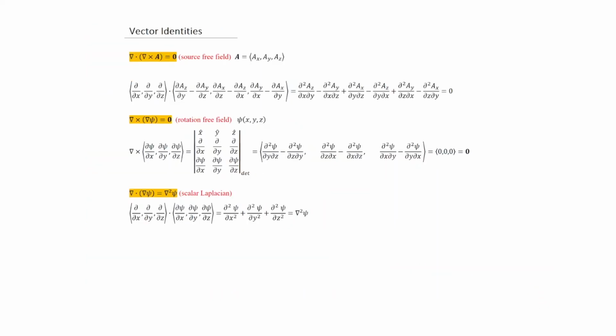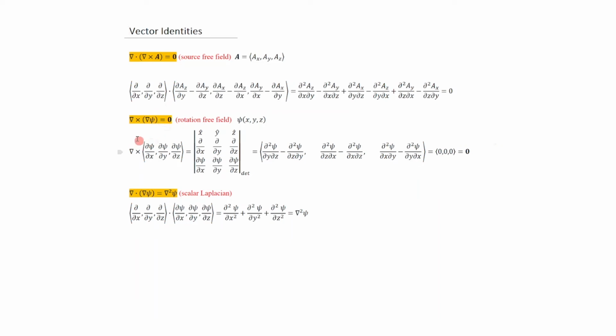All right, then we looked at a number of vector identities, and the two most important ones were the definition of a source-free field and the definition of a rotation-free field. So if we take the divergence of the curl of a vector field, then that's equal to 0. On the other hand, if you take the curl of the gradient of some scalar potential, then that's equal to 0.